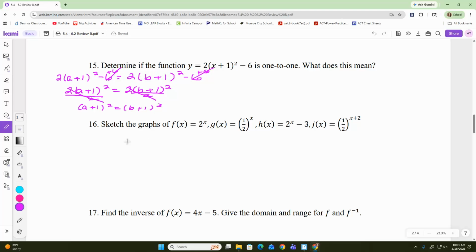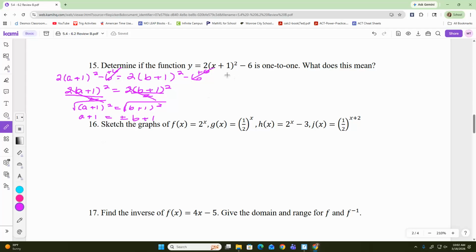How do we get rid of a square? Anytime you add a square root, what do you have to put with that? Plus or minus. So automatically, I have a plus 1 equals plus or minus b plus 1. Is this one-to-one then? No. No, if you get a plus or minus, it's not.